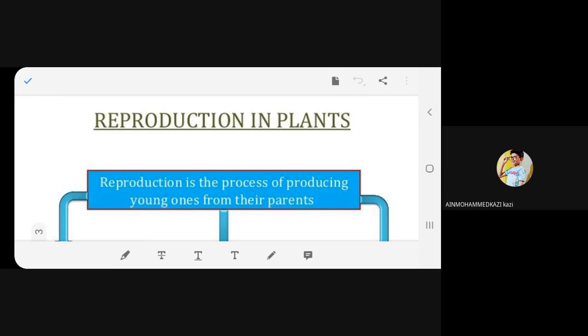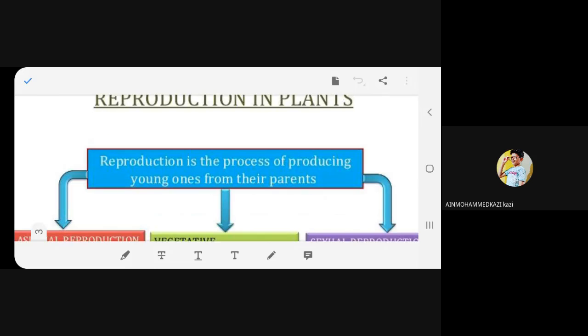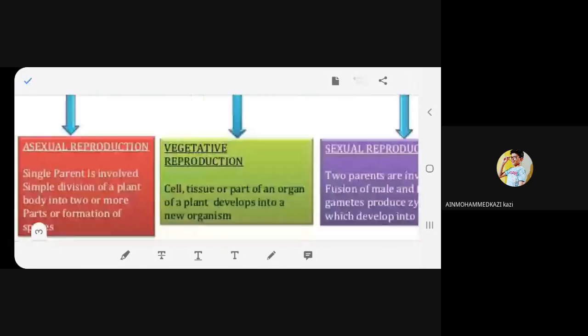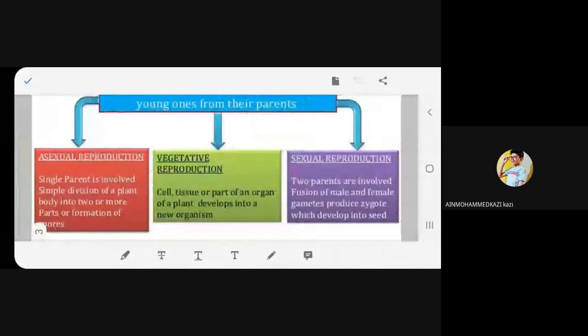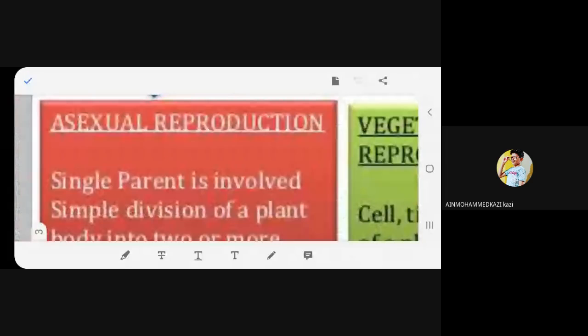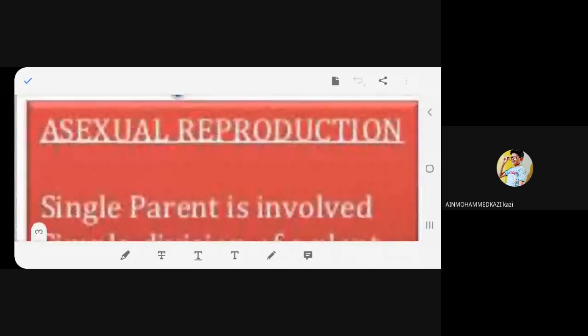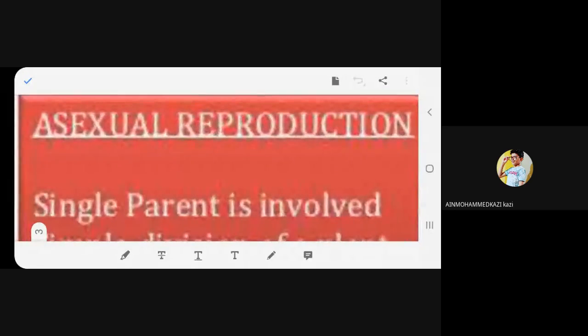That is the process which is called reproduction. We are going to read three types of reproduction. What is the first one? Asexual reproduction, where sex is not required.